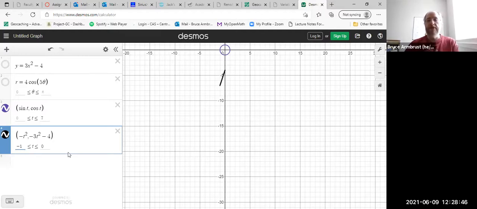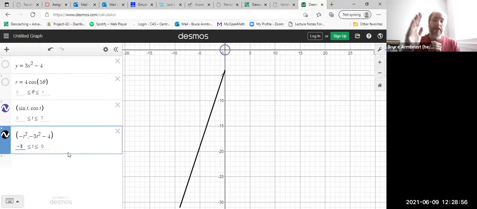So there's from negative 1 to 0, negative 2 to 0, negative 3 to 0. And you see that we're getting the exact same thing. And never do we get on the positive side of the axis. All right, so that's the other nice thing about using your technology is it can actually show you what part of the graph you're getting, because you don't always get the same part.